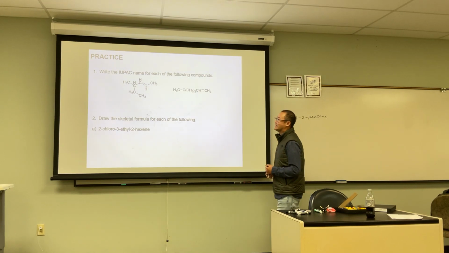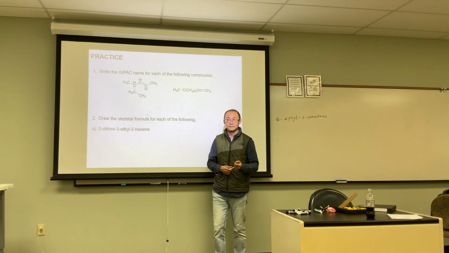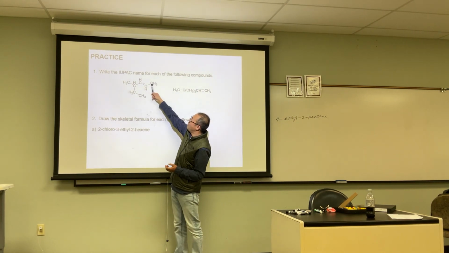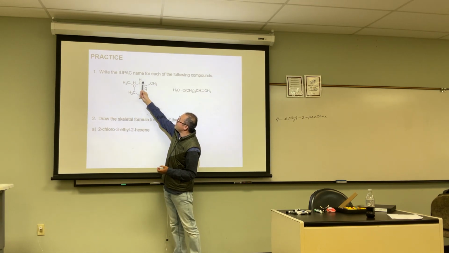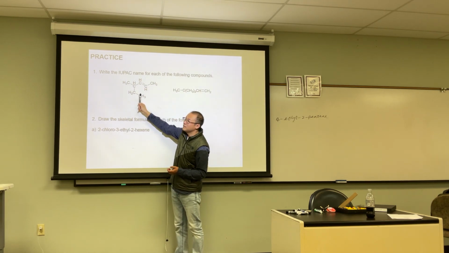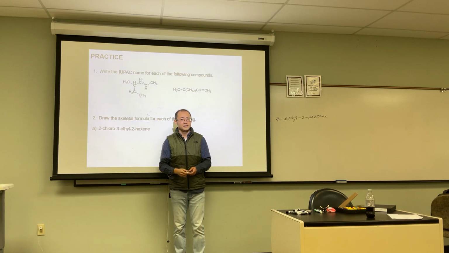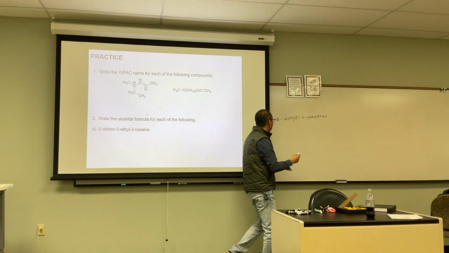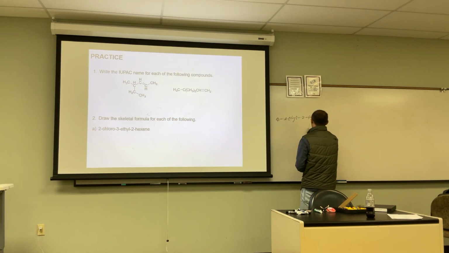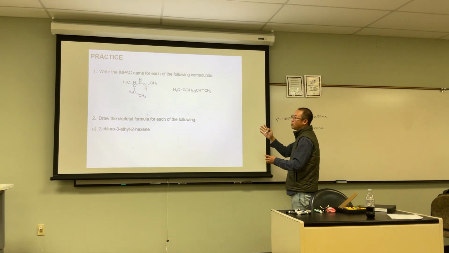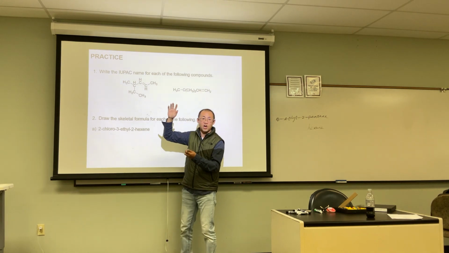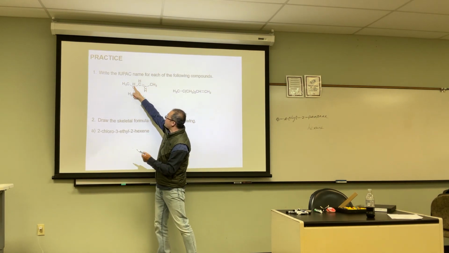The longest chain is not 5. The longest chain is what? Take a look. 1, 2, 3, 4, 5, or 6. 6. Hexene. So the last name is not pentene, it is hexene. Now, like I said, after you find the longest chain, use your pencil to mark it.